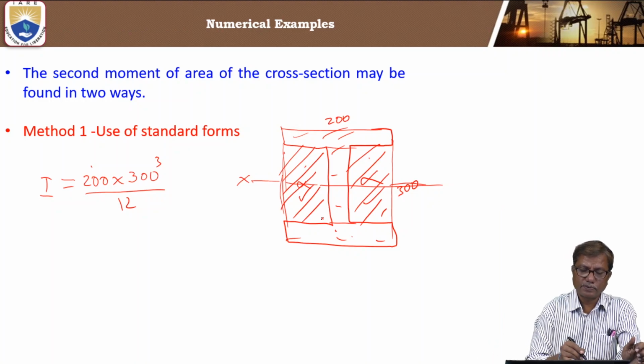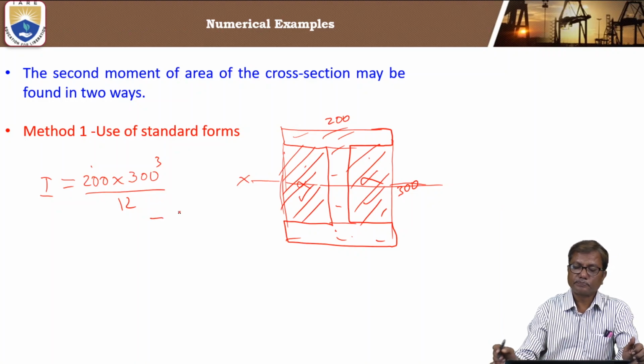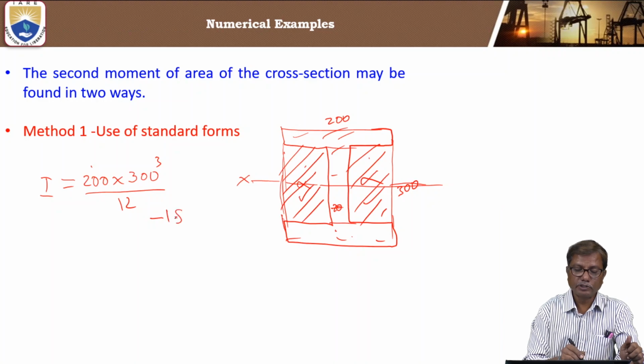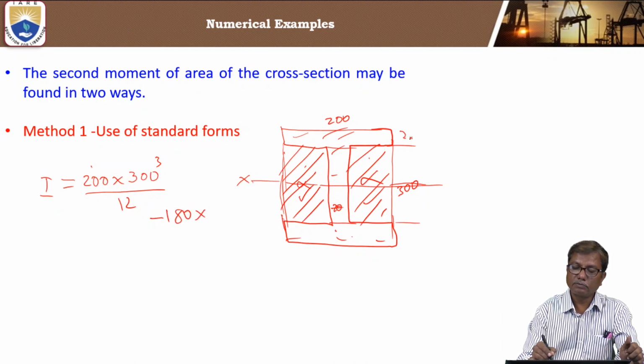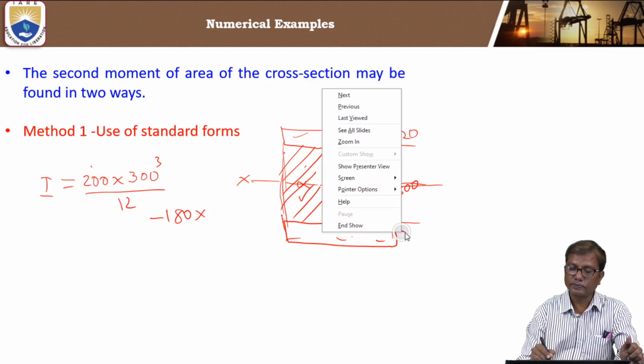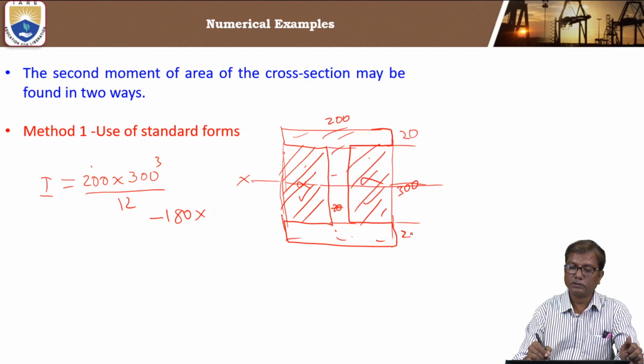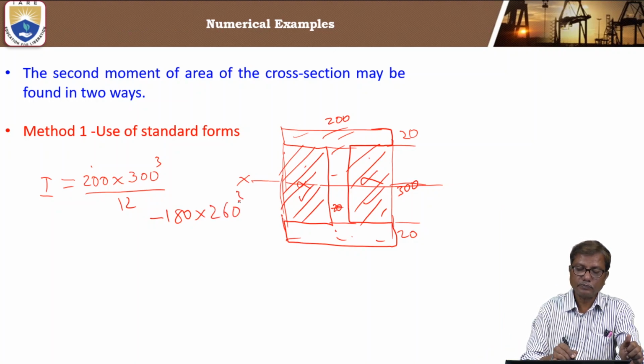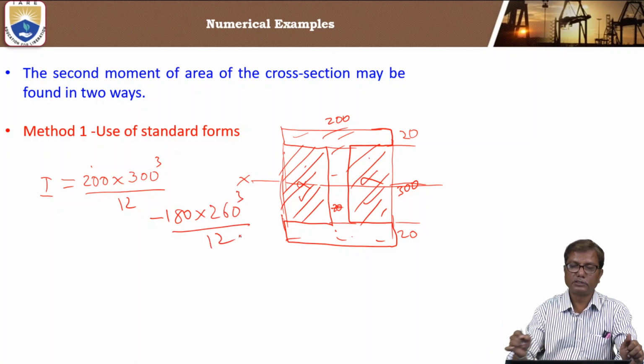Minus the width of the shaded portion is 200 minus 20, that is 180, and depth is 300 minus 40, 20 plus 20, that is 260, cubed by 12.